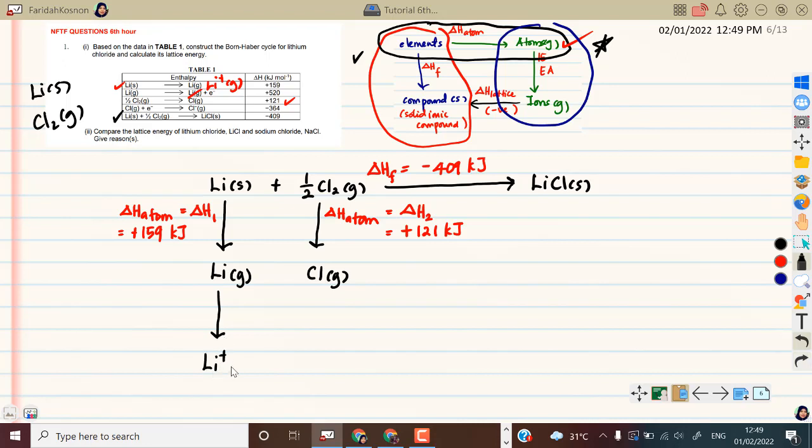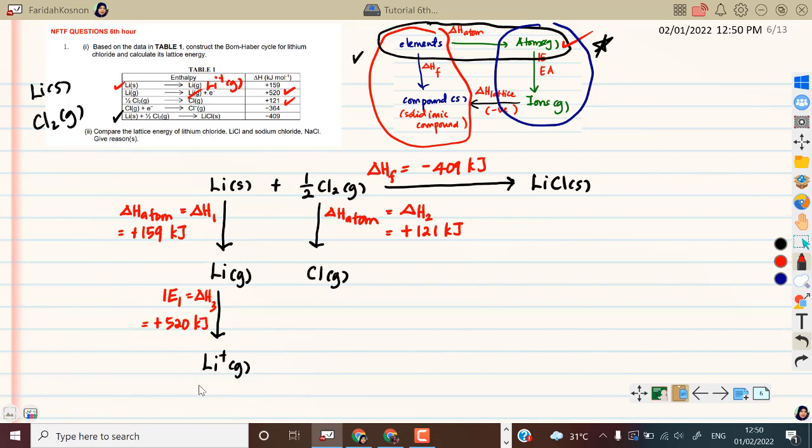The electron need not be shown here. So this is the first ionization energy of lithium, which is equal to delta H3. What is the value? It is positive 520 kilojoule. Okay, settled with metal atoms.